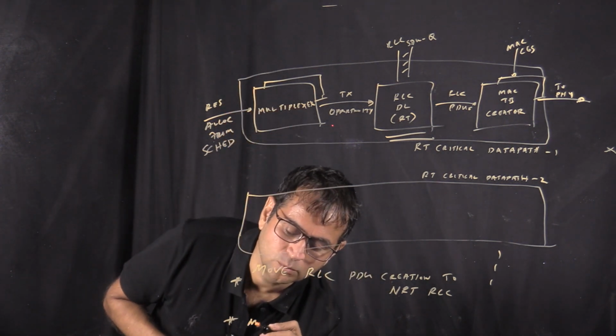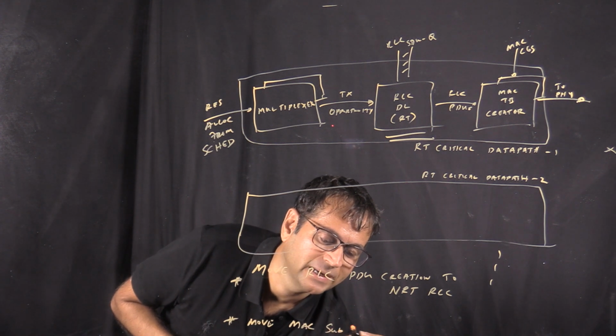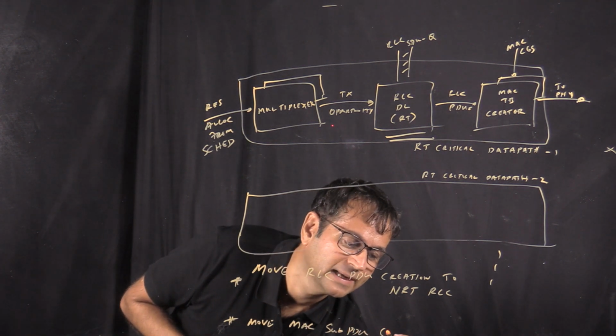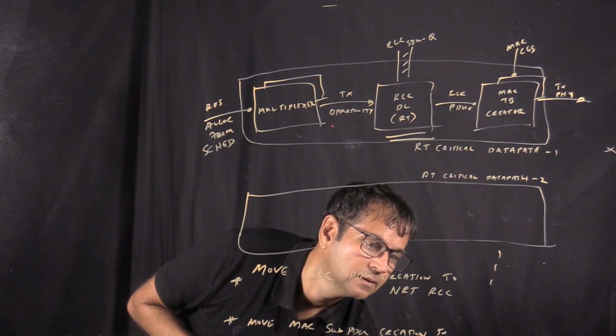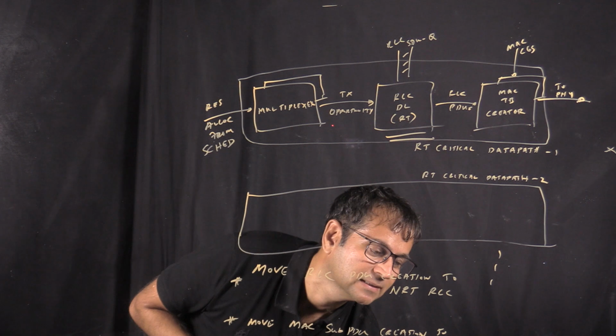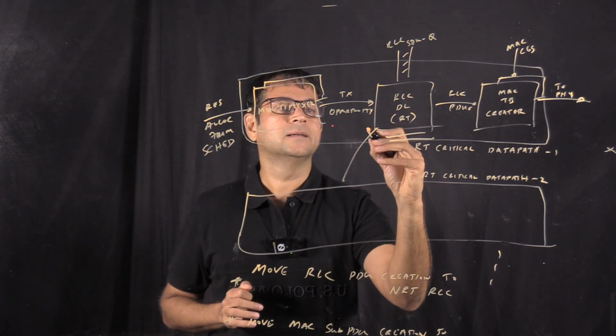So move MAC sub PDU creation to non-real-time RLC. So this, which is the bottleneck, right?